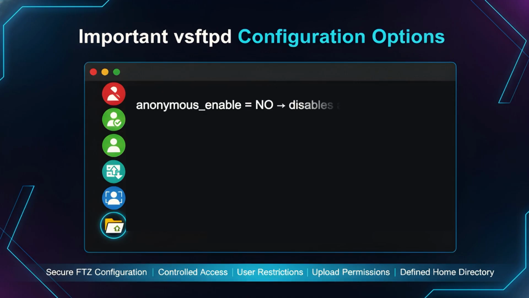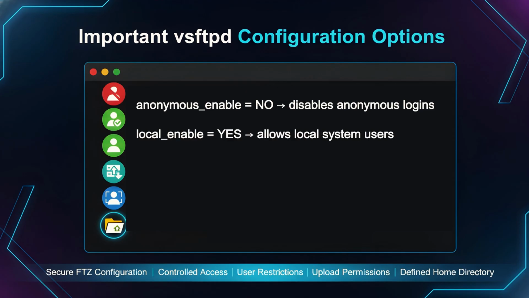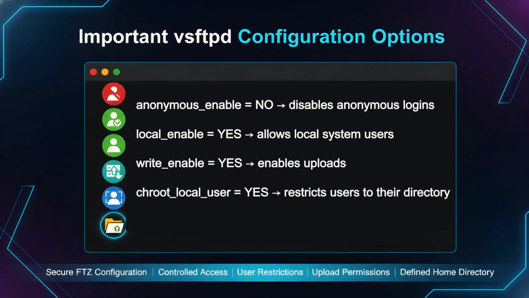So if we want to disable the anonymous users, we can make it no. If we want to disable anonymous login and disable the local users, we can say no or yes as per the requirement. So we can even restrict the users to their directory.